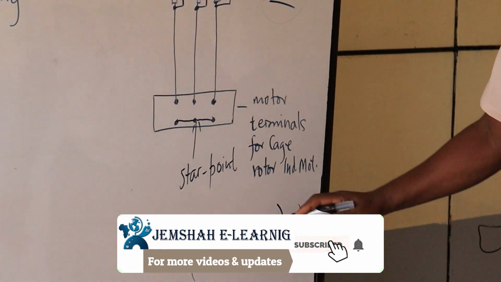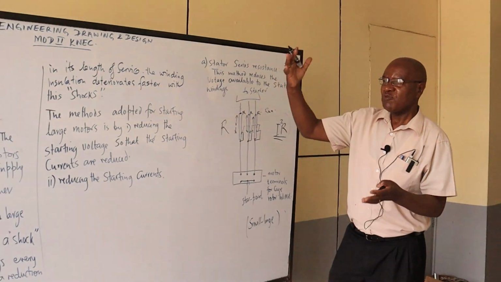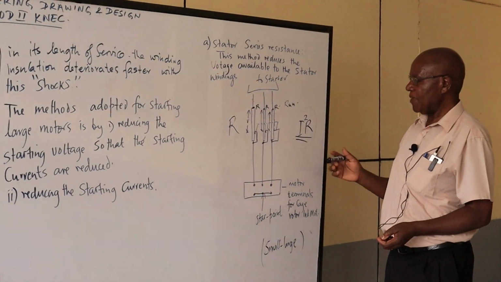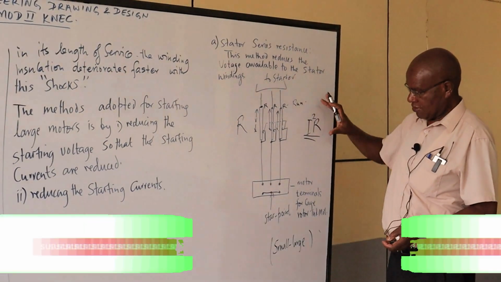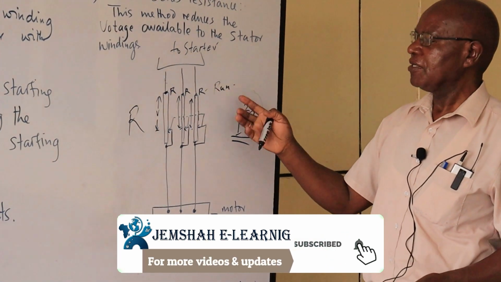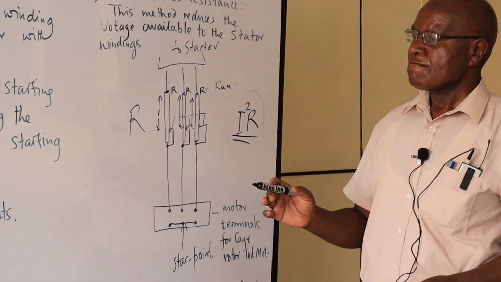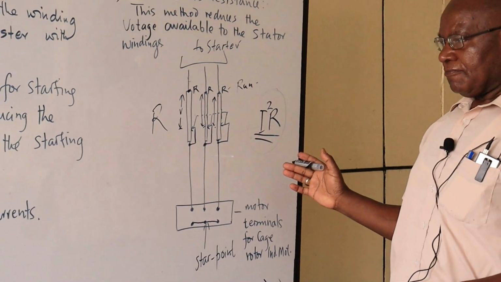Well, the word is my coinage. In the large motor series, there will be some which will be small, others will be big. So depending on the size of your motor, you should consider the losses before you go for the method. Okay?